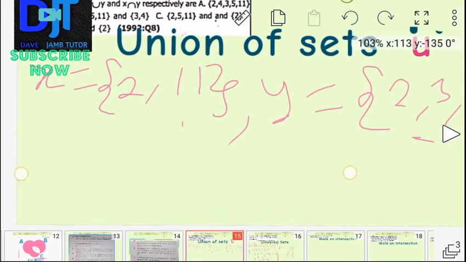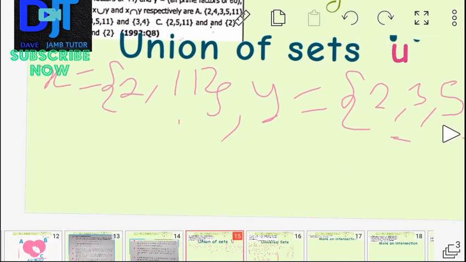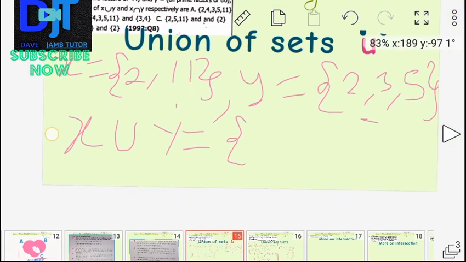Now if we want to write x union y, as they said in the question, you need to take note of something whenever you are writing your union. If you see a value that is in both of them, you are not supposed to write that value twice. You are supposed to write it once.